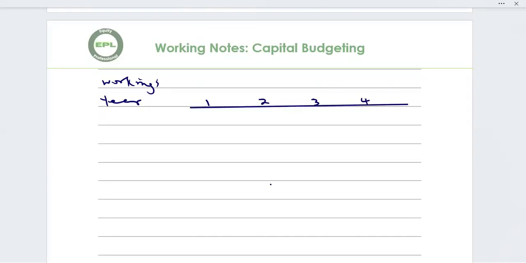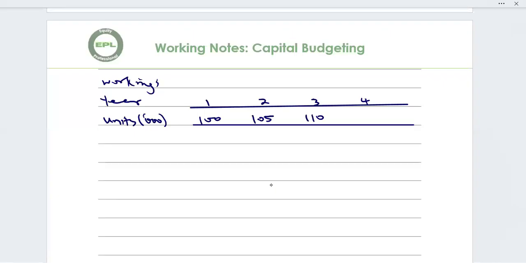All right. Units. According to the question, we are given units in thousands. So units are in thousands. Year 1 is 100. Year 2, 105, then 110.